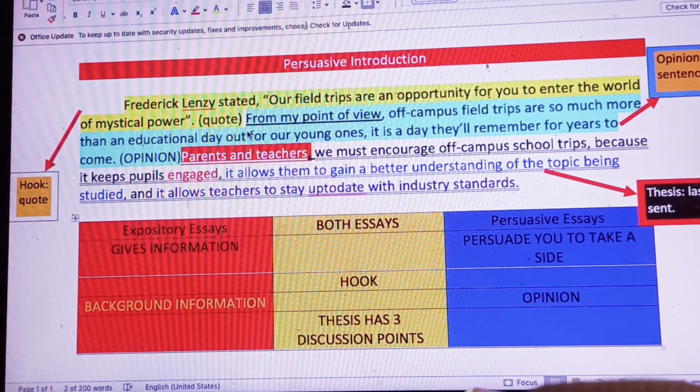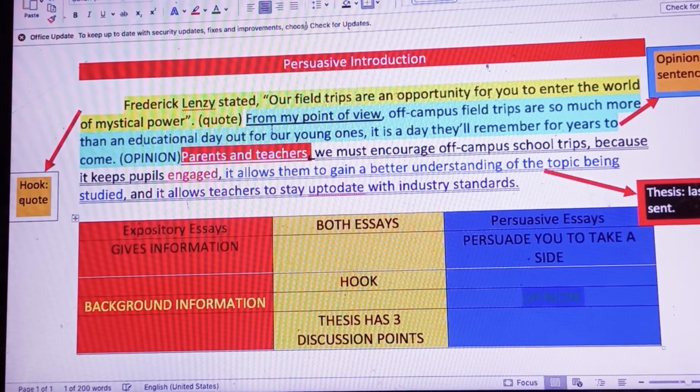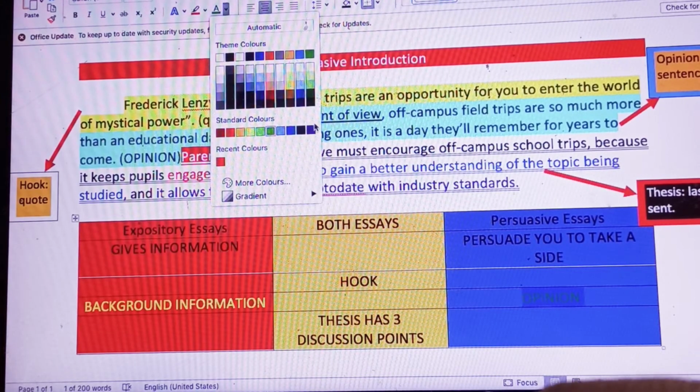It only gives background information. We just highlighted it in yellow. However, the persuasive essay introduction gives us an opinion sentence. Notice the difference. An opinion sentence is given.